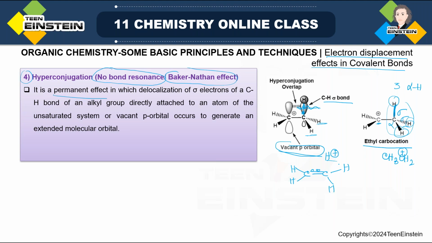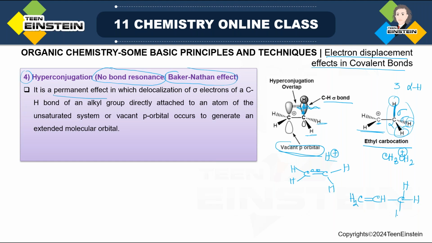Now in this example you are seeing this with some carbocation, but it is also possible if you have some C=C double bond, that is if you have some unsaturation present just beside this CH3. So suppose instead of writing CH2, I am writing here H2C double bond C, H and CH3.